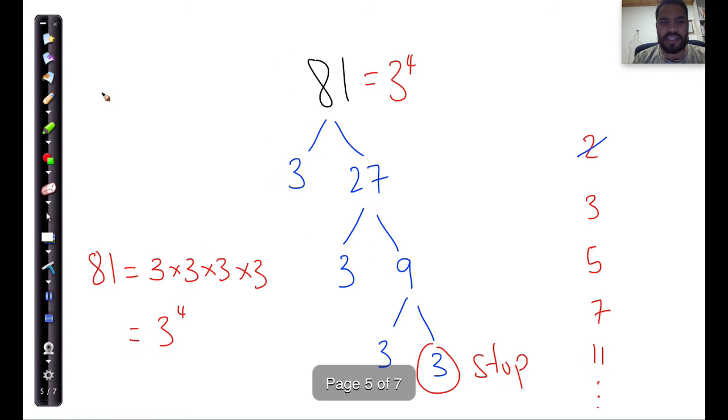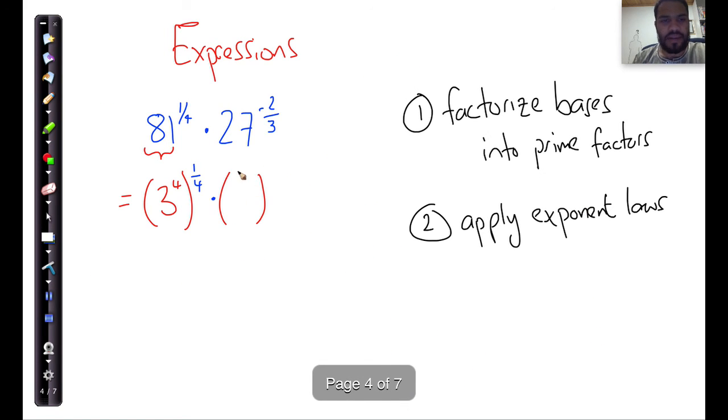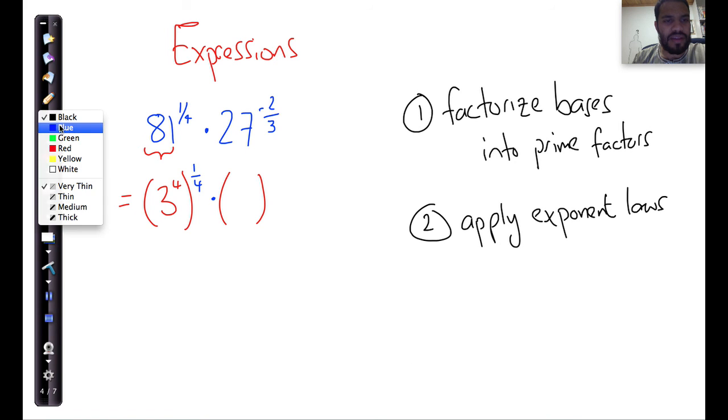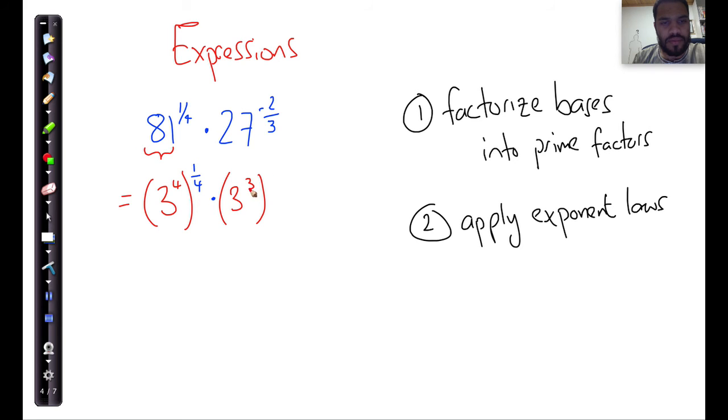So let's go back over there. This is meant to be 3 to the power of 3 raised to the power of negative 2 over 3. Now I apply the exponent laws, and the last part is to simply evaluate it.